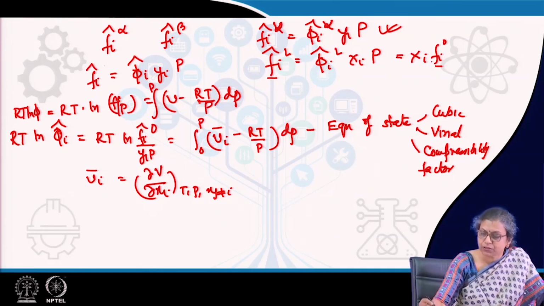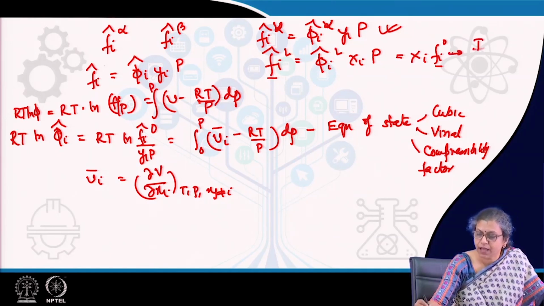This particular model is known as the ideal solution model.